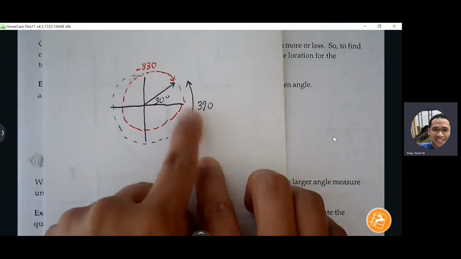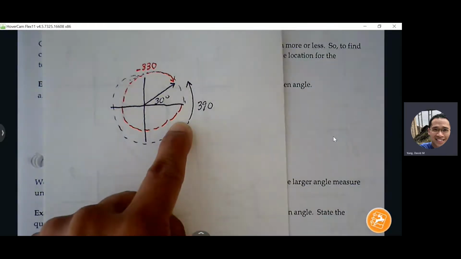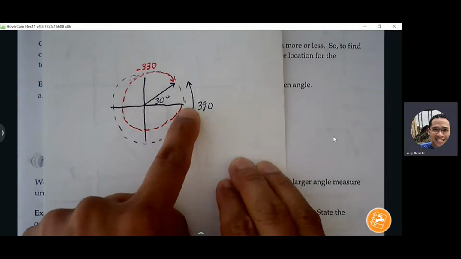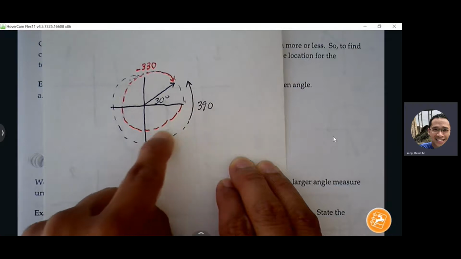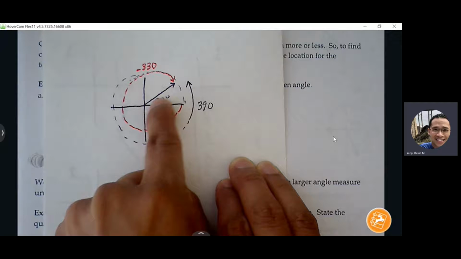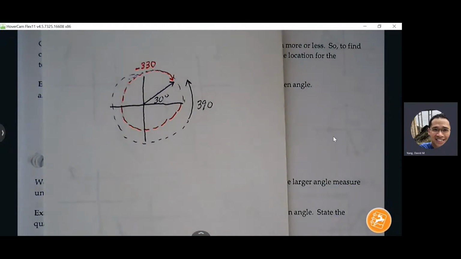Negative 330 means starting at 0 and going in the other direction, counterclockwise. I'm sorry, clockwise. If I go clockwise 330 degrees, that's less than a full circle, but it's still going to end up giving me the same location. So these are all quote unquote 30 degrees.